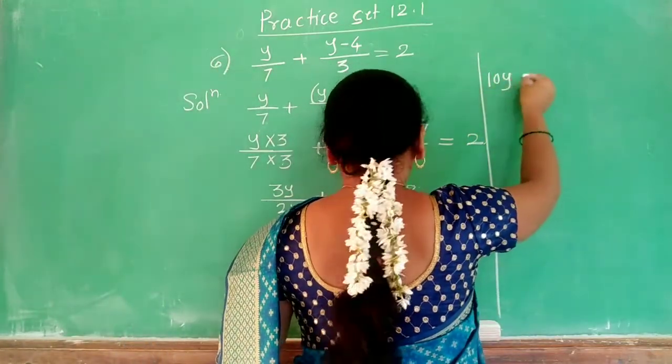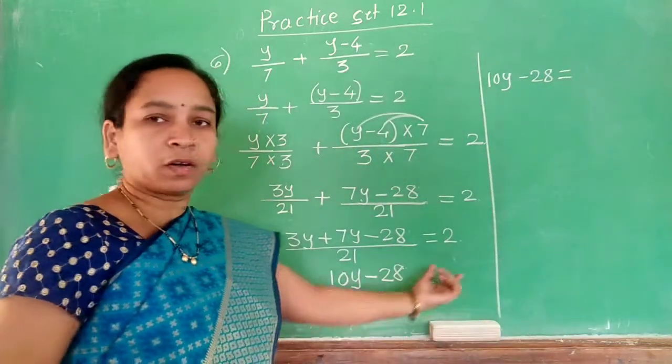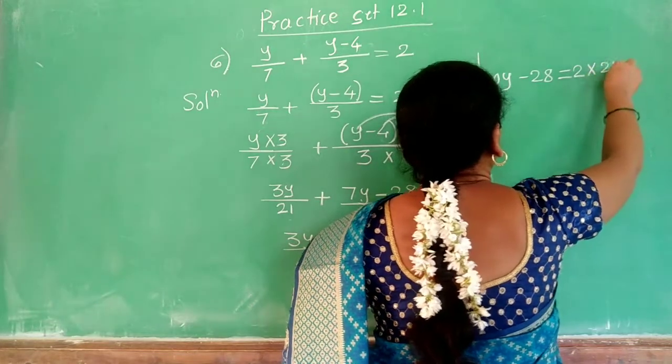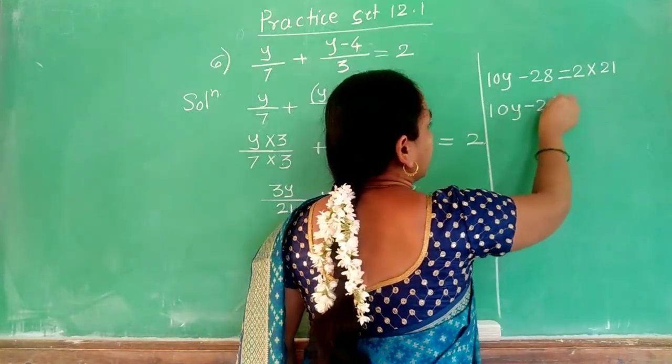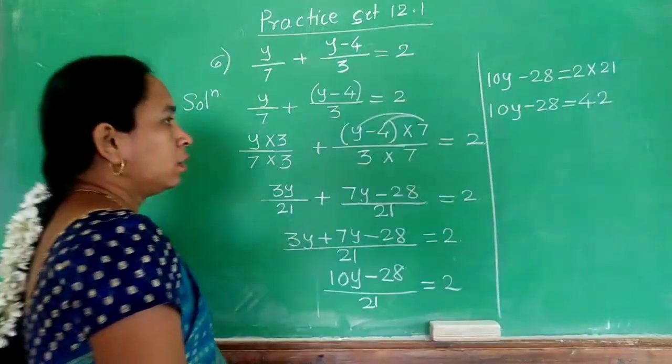10y minus 28, and I will transfer this 21 on that side. I will get the answer 2 multiplied by 21. 10y minus 28 is equal to, their product would be 42.